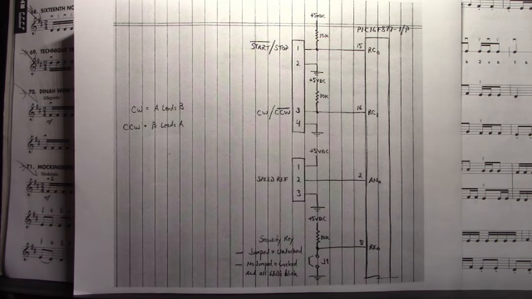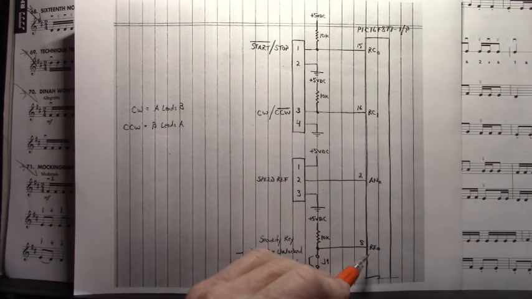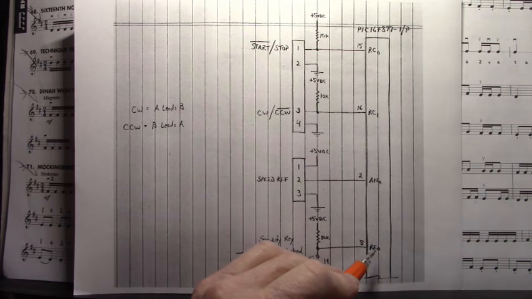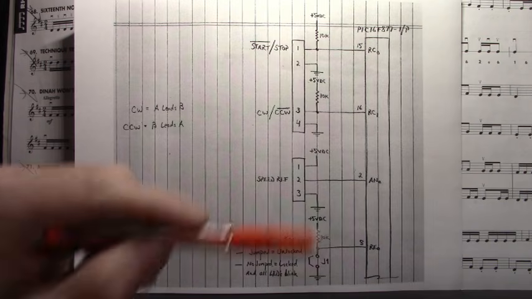Now I added a security key, so if I left this thing laying around, which I do very often, and I open this jumper right here to port E bit 0, then we have a high applied to port E bit 0. I'll show you this in the code, but after everything is initialized, it puts it into an endless loop.